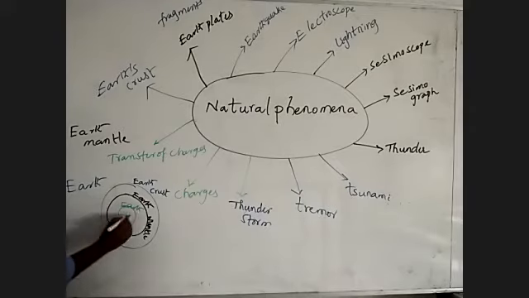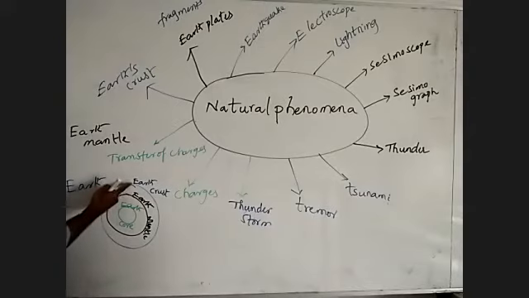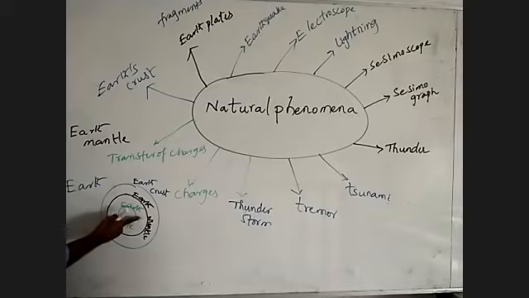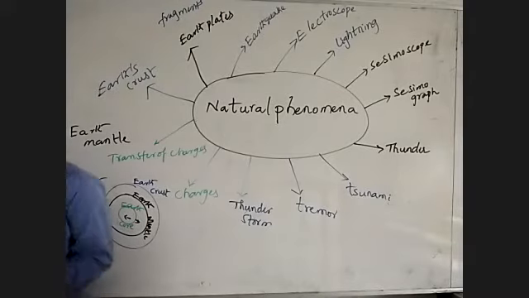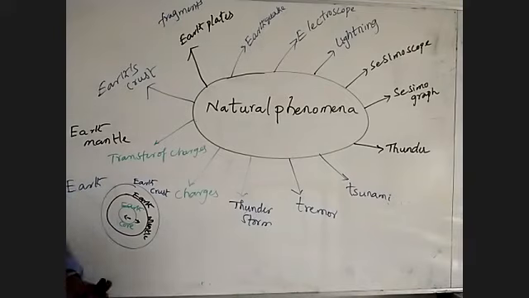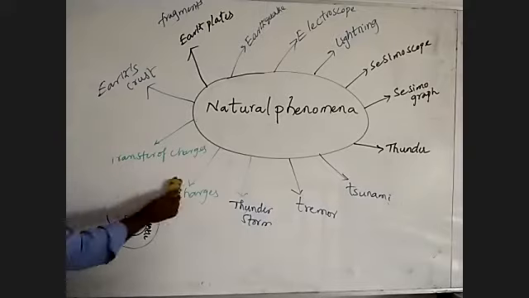This part we can call the deep of the earth crust. This part we can call the deep of the earth mantle. This part we can call the deep of the earth core. This is the outer core of the earth. This is the inner core of the earth. Understand? That is the earth crust. So remember this step by step. We'll discuss once again to recall.